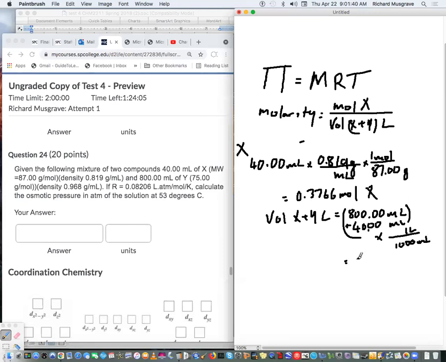And that's going to give us 0.84000 liters. And then the molarity is going to be those two divided. So let's see. I get 0.448 on the molarity.